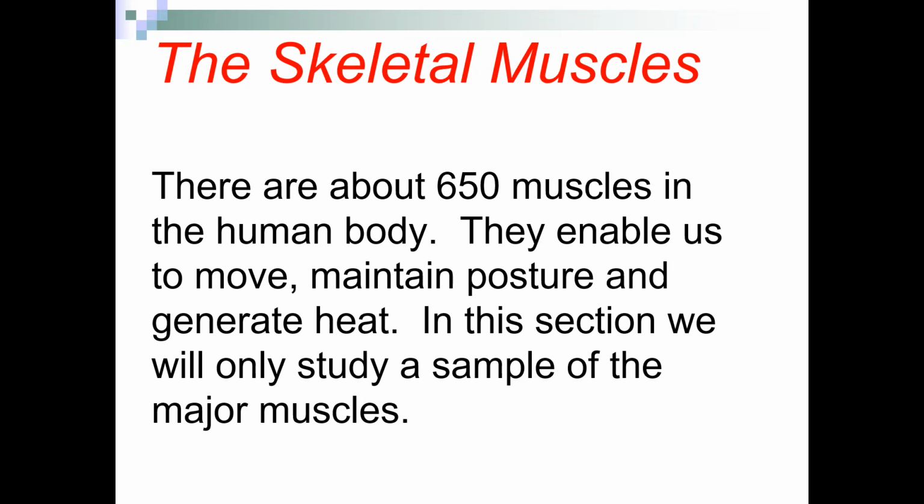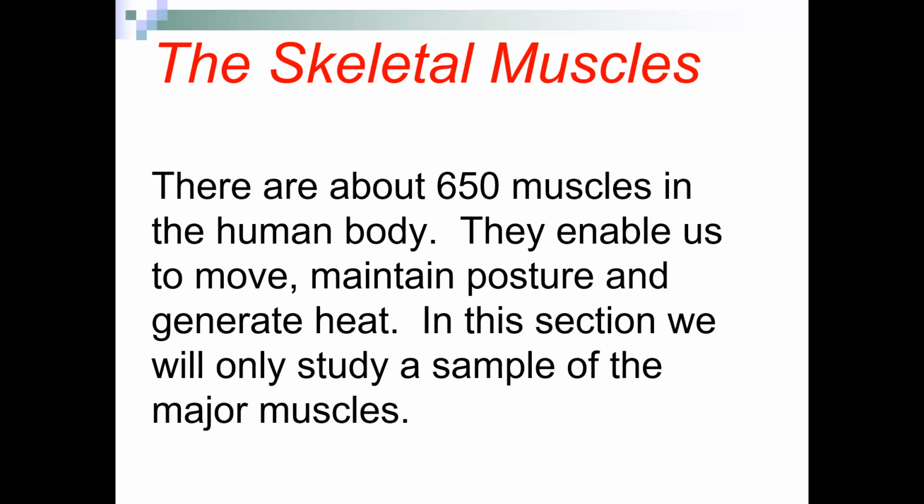So the ability to wiggle your ears is actually genetic. Either you're born with a gene that is responsible for making that muscle or not, right? So if you happen to be able to wiggle your ears, then you have 651 muscles.